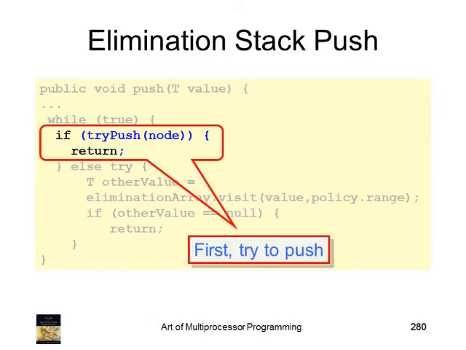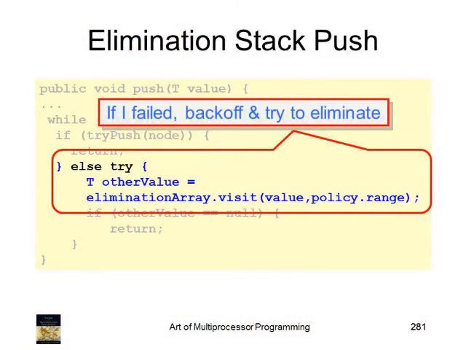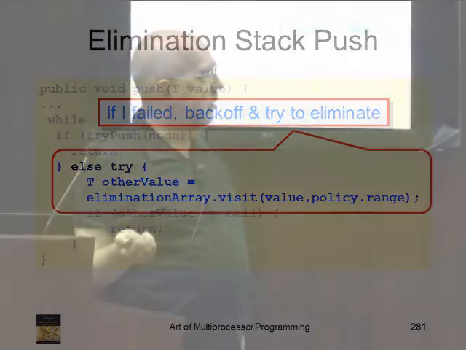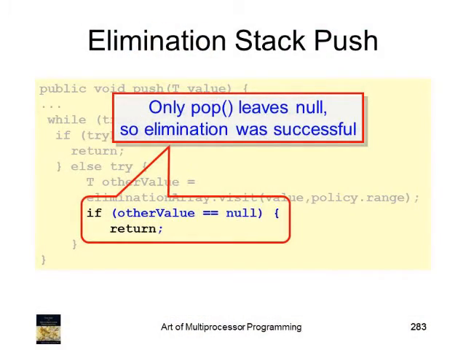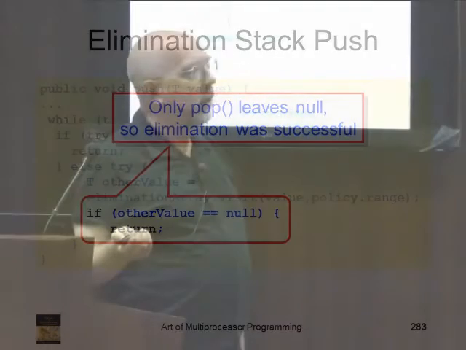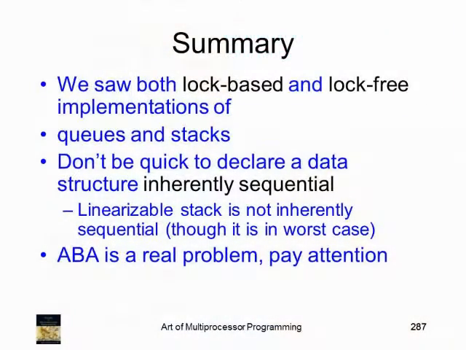So push tries to push. If it fails, you back off, visit the elimination array, and so on. Pop is similar, and if you do the exchange and you get back the wrong kind of node, so if I'm pushing and I get back a pushing node, then I have to go back and do it again. And so on.